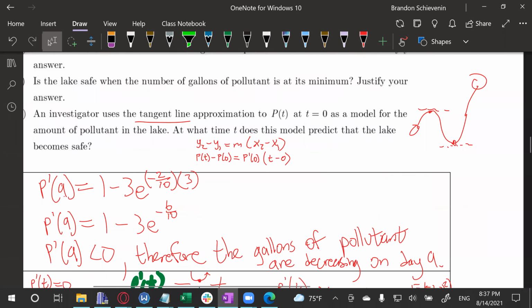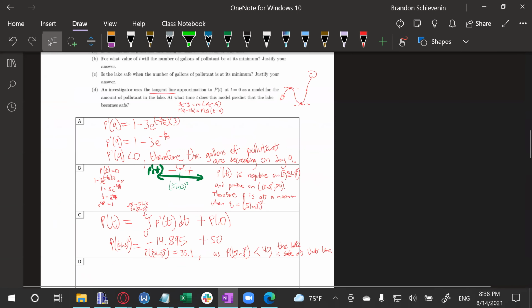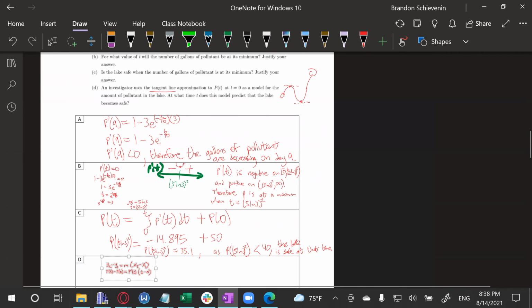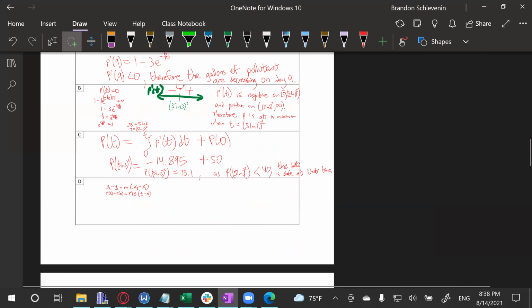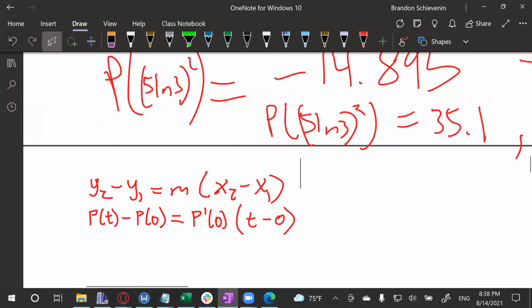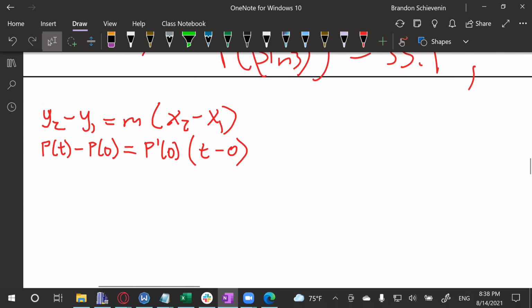Zoom out actually. Okay, I'm going to copy our function really quick.